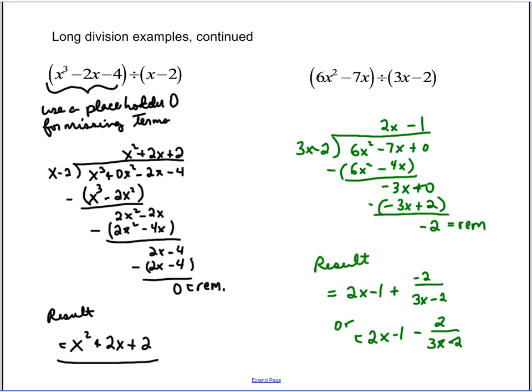Right. Well, that didn't come out very nicely, but I'll try it again so I don't have so much ink running into each other. 2 divided by 3x minus 2. There we go.